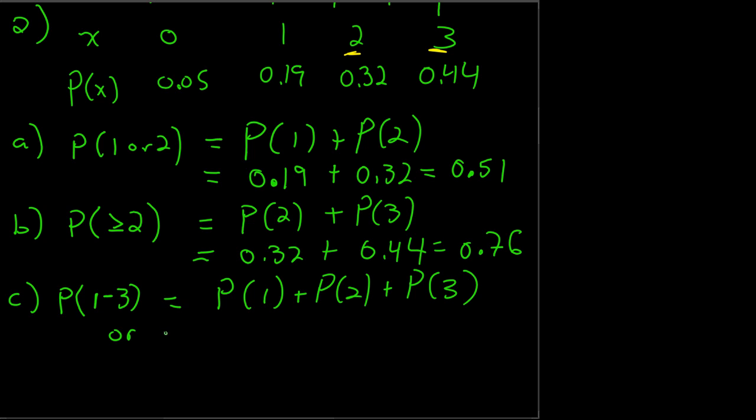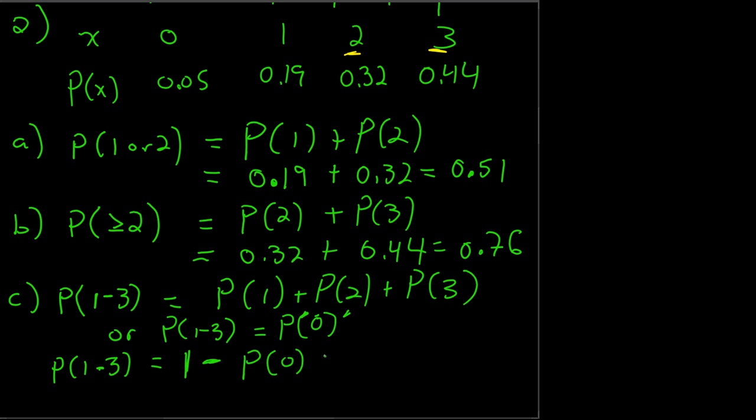And so we could look at the probability of 1 to 3 as being the complement. Right? So the P of 1 to 3 is equal to 1 minus the probability of 0, because that's what the complement says, or 1 minus 0.05, or 0.95.